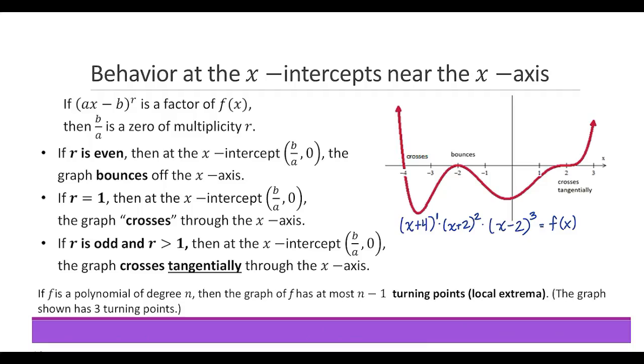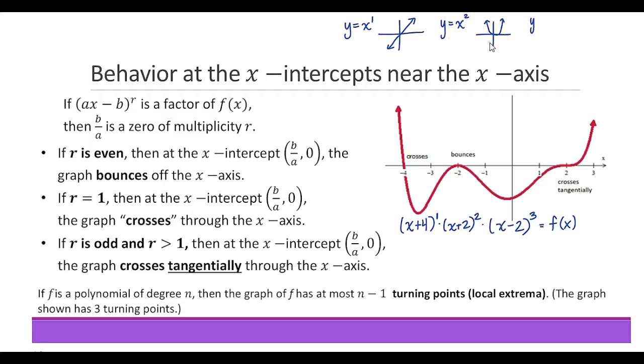Now, the way I like to remember this is if you know your basic functions. We know that the function y equals x, that's x to the first. What does that do? Well, that just crosses straight through the x-axis. And what do we know about y equals x squared? Well, the multiplicity there is 2, and what happens is it just bounces off at 0.